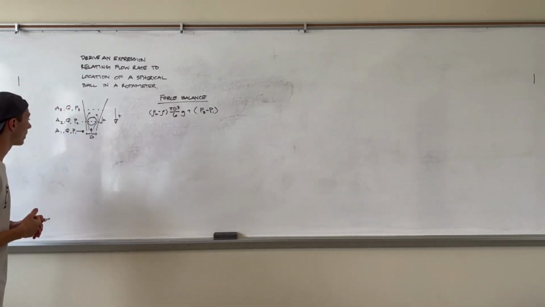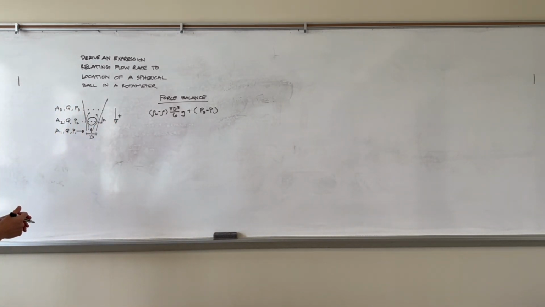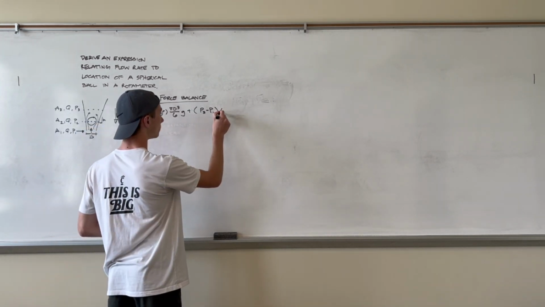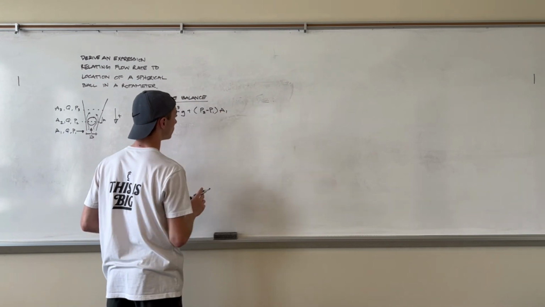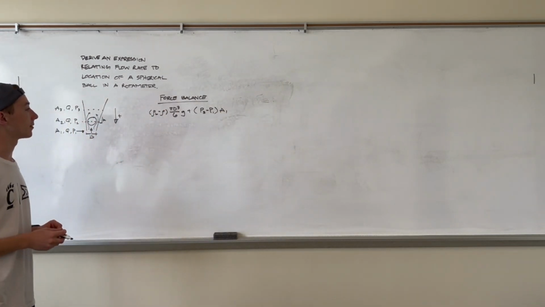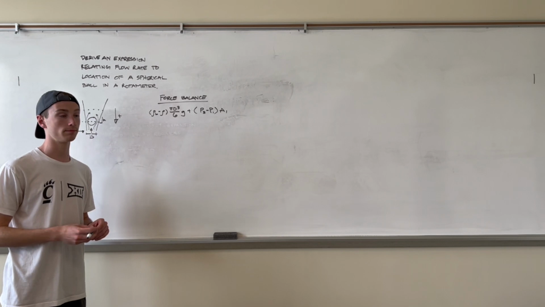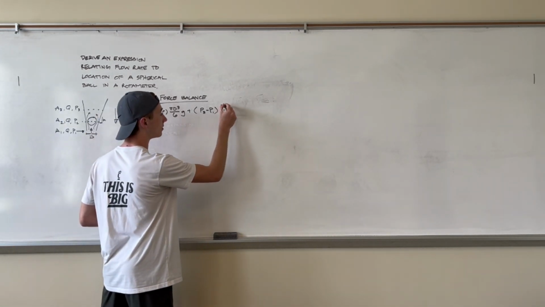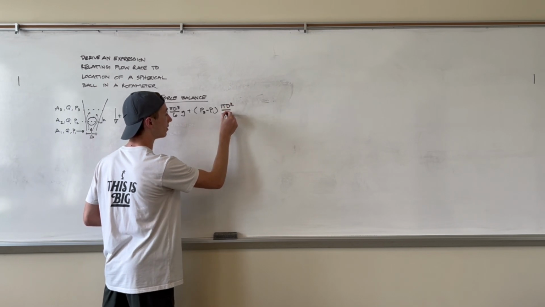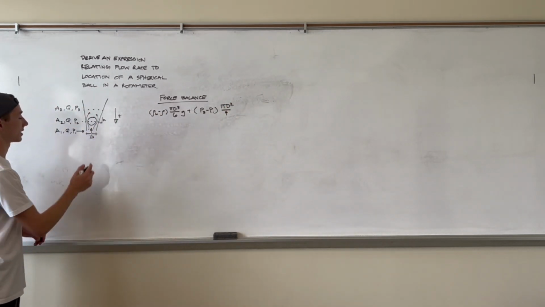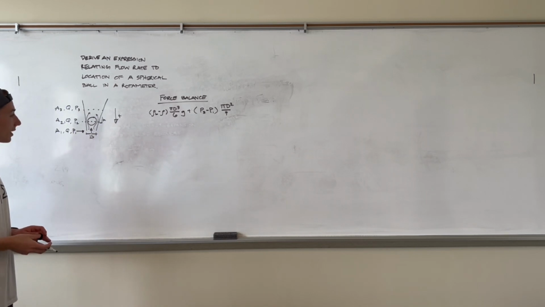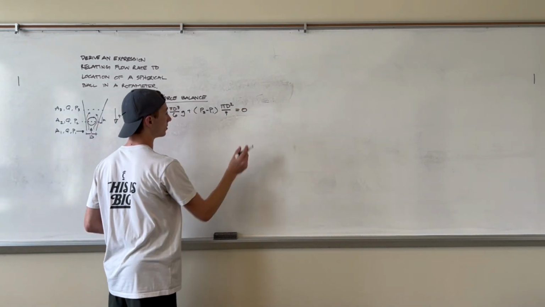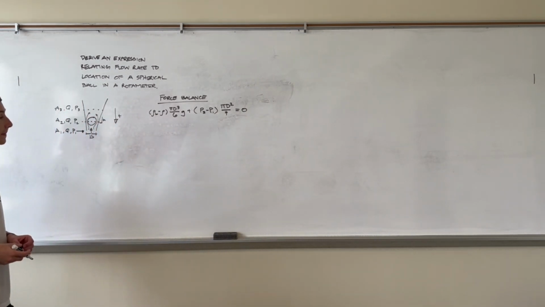Our area here is going to be A1, and since it has the diameter of the ball, it's just pi d squared over 4, the cross-sectional area. So there's our force balance equation. And of course, these forces are equal to 0. They're equal and opposite of each other.